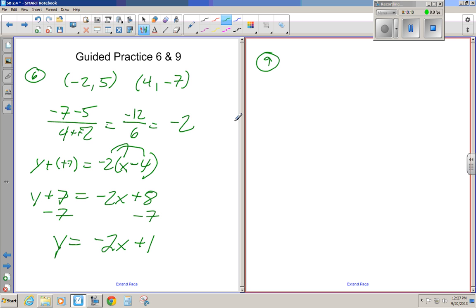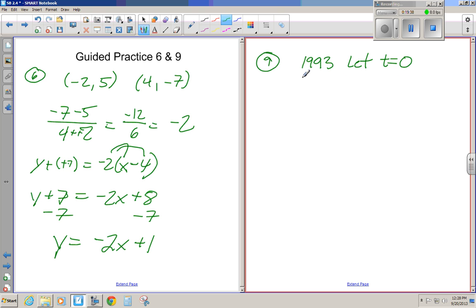So what we want to do, and this is important, we're starting at 1993, and we're going to say let t equal 0 for 1993.